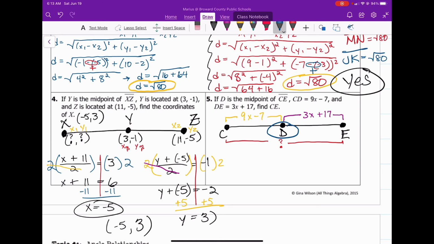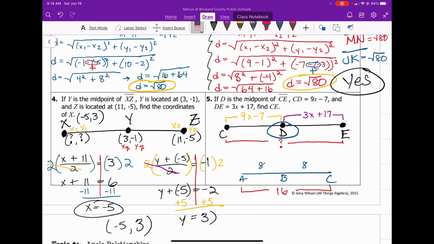So something that's halfway between two places cuts the entire segment in half. So for example, let's say if I had A, B, and C, and AB was 8 and BC was 8, if I wanted to find the whole thing, AC, I would just add them together and that would make 16, right?